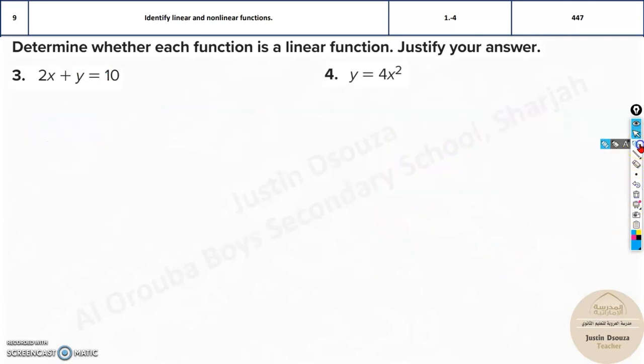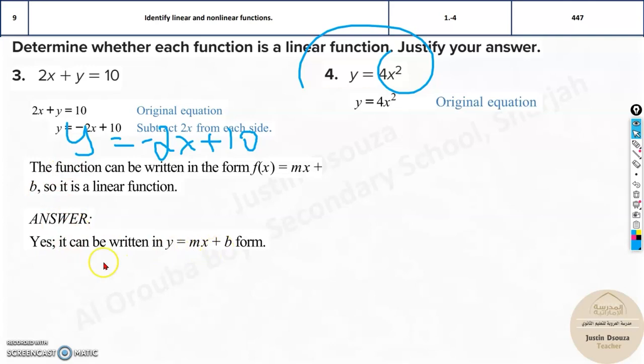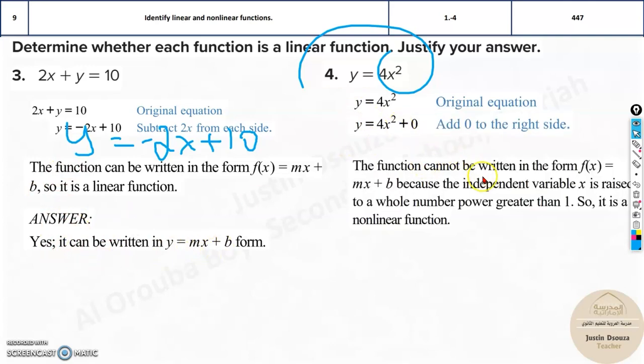Now, even over here, this can be written y equals minus 2x plus 10. But look at this. This cannot be written. The next one is a quadratic. See, the first one over here, yes, it can be written. But this one is a quadratic form, so its power is greater than 1. No, this is not linear. This is quadratic.